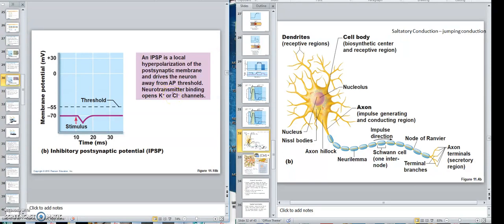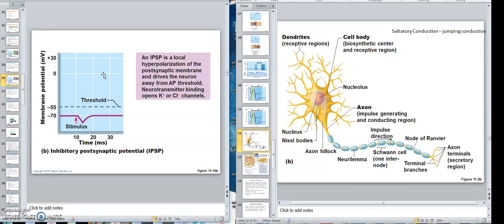Remember, chloride's higher on the outside, so it would rush in, again making it more negative. So an IPSP is a vote. If this is the guy that's receiving the votes, then EPSPs are trying to make him go yes, and IPSPs are making him not fire. Okay, so that's a review of that particular aspect.